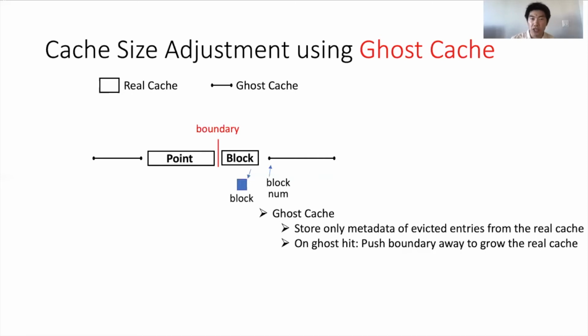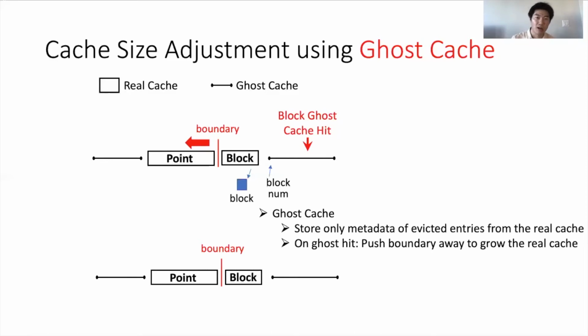The operation is as follows. Each time there is a block ghost cache hit, the boundary will be moved toward the left, shrinking the pointer cache and enlarging the block cache, so that the block cache can incorporate more blocks and reduce the evictions. The same story applies to the other part of the boundary.